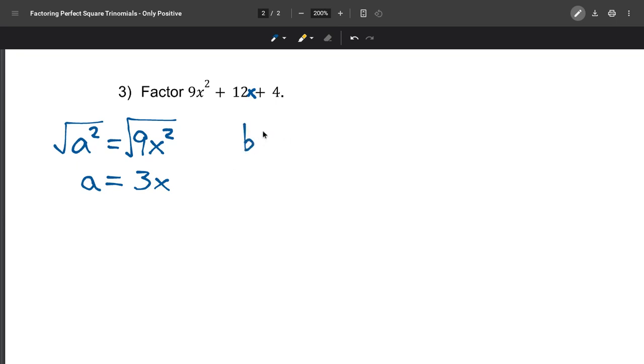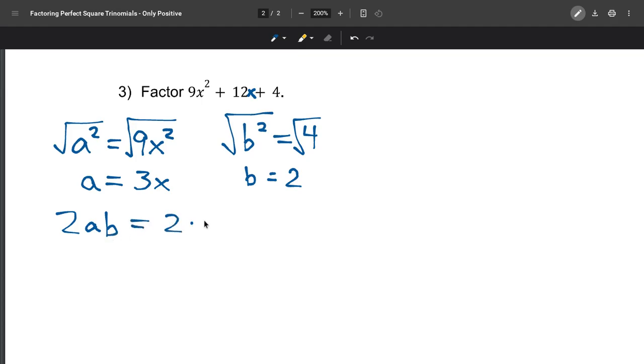B squared is going to equal 4. So square root of b squared is b. Square root of 4 is 2. Okay, so now, does 12x equal 2ab? Is this a perfect square trinomial? So 2ab is 2 times 3x times 2. 2 times 2 is 4. 4 times 3x is 12x.